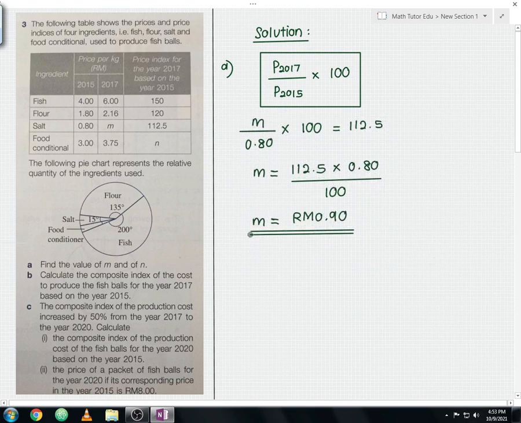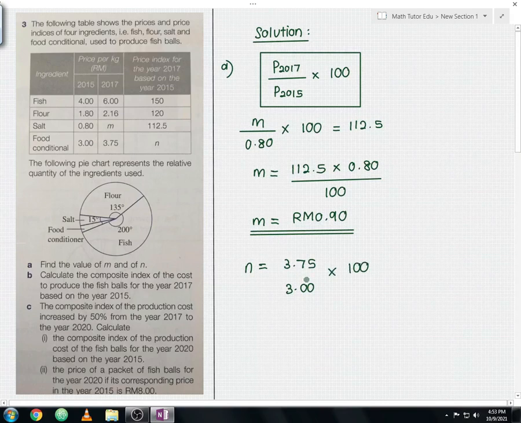Once we have found the value of M, now we can proceed to find the value of N. To find the value of N is very simple. The price in the year 2015 and 2017 is already given, in this case the ingredient of food conditioner. We are now required to find the price index, so we can straight away use this formula. N will be equals to 3.75 divided by 3.00 times 100.